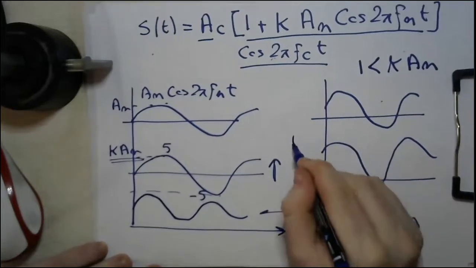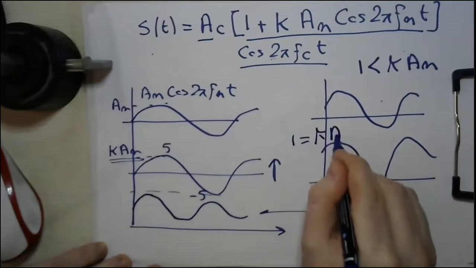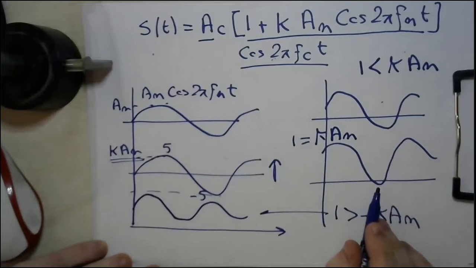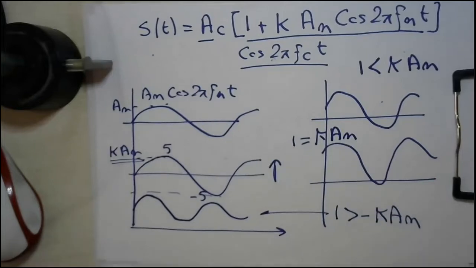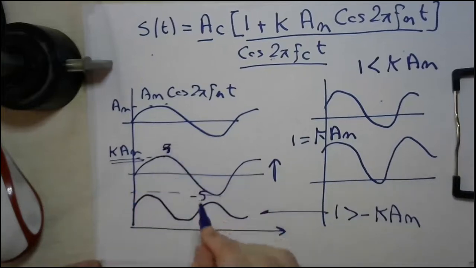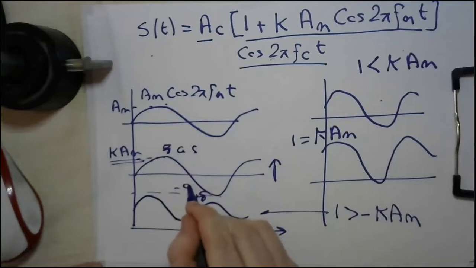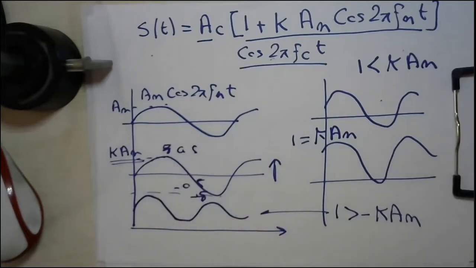If 1 equals kA_m, then it will be typically on the x-axis. Very simple. Let's take an example. If this is 0.5 and negative 0.5 after multiplying with k, then when you add 1, it turns to be 1.5 and 0.5.